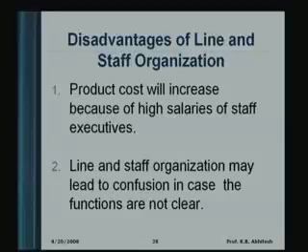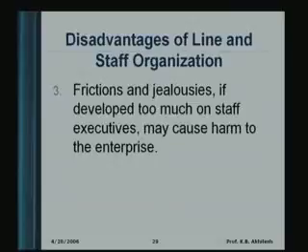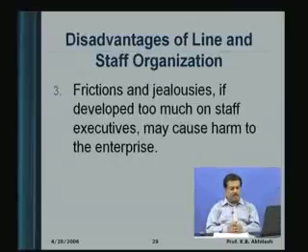And similarly, sometimes where the authority was to be exercised more by the staff people, the line people were becoming more and more agitated, in terms of what their function is and what they are responsible for. More so, frictions and jealousies, when developed too much, instead of enabling, were becoming blocks. They were causing delays.